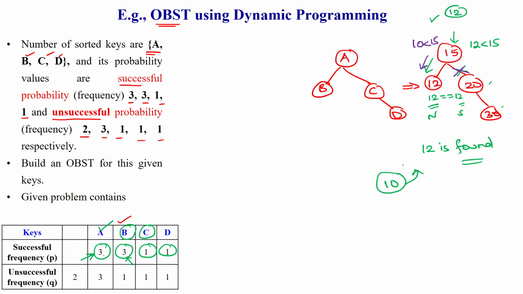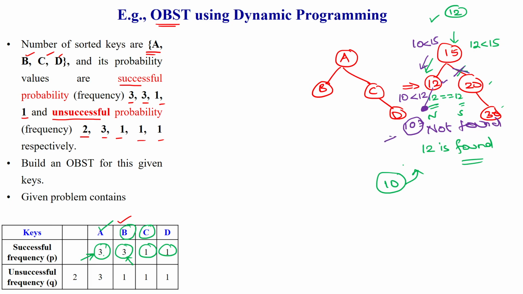Then again it will check 10 with the given node 12. 10 is less than 12, so it goes into the left subtree. In the left subtree we have null values. So it will check 10 with null, then it will say there is no node in the left subtree. Then 10 should be reported as not found in the given binary search tree.